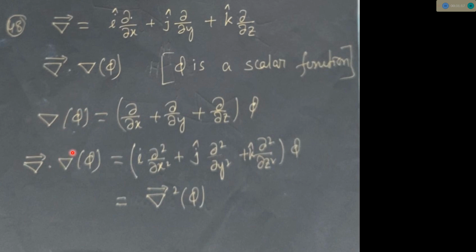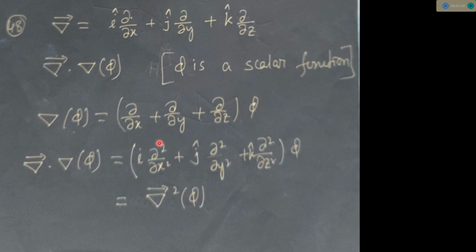So we will get i del square, j del y square, k del z square, into phi. Now we can write this term in the bracket as del square. Since i, j, k is there in this term, normally it is delta, which is the sign of directions.